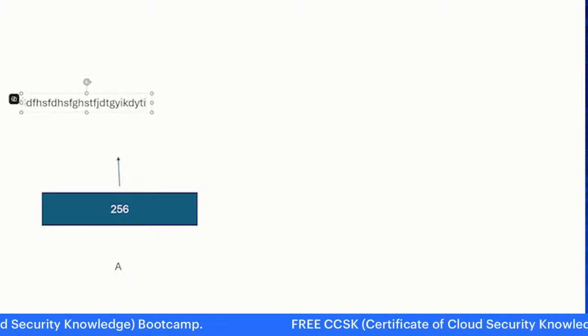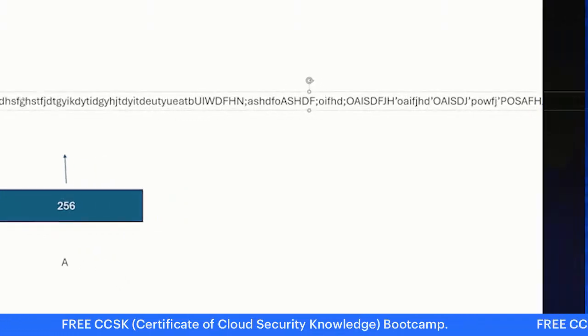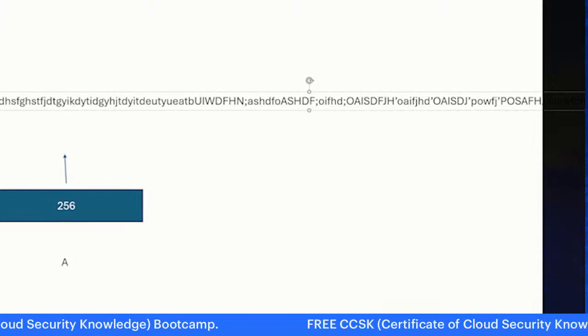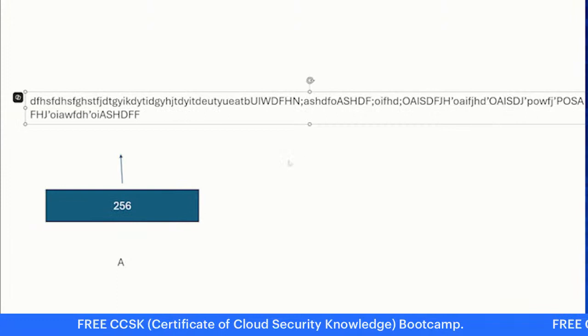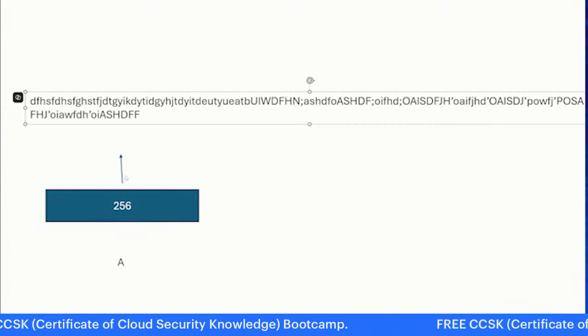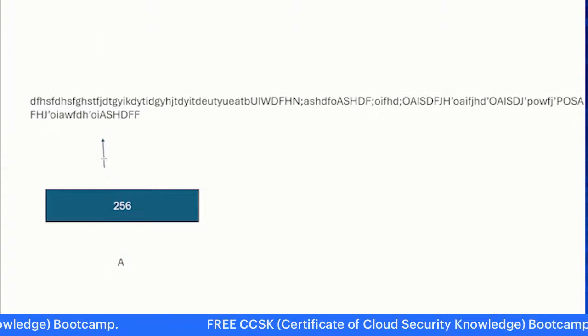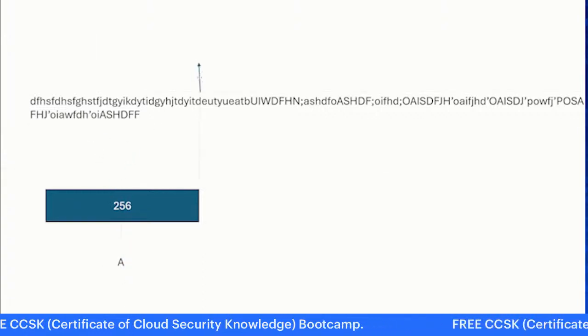I'm not going to get to 256, but I'm just going to have a little fun and put a couple of characters here. That didn't work. Bear with me. So you get something that's going to look like this. Every time you put A in, it's going to come out looking like that. Every A will always produce this.